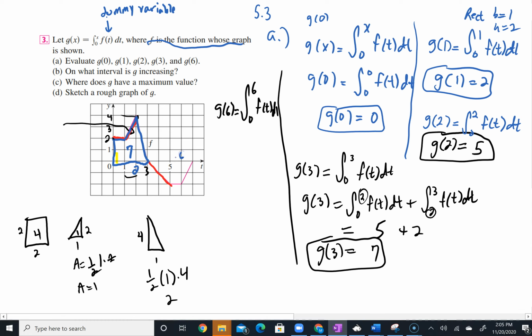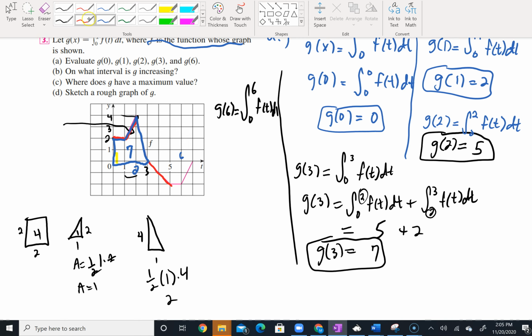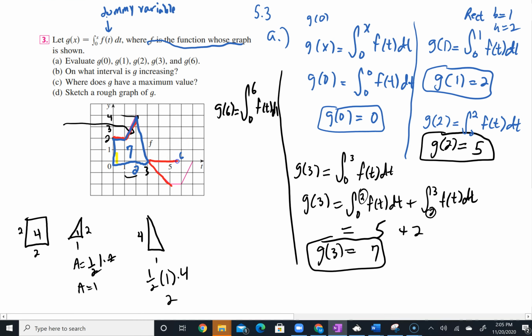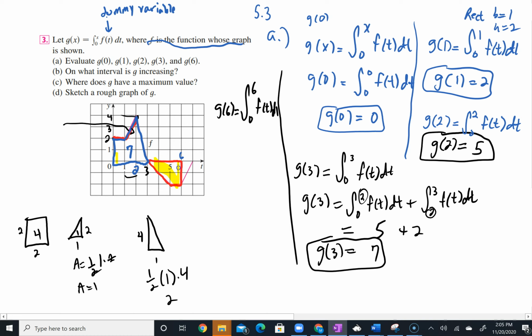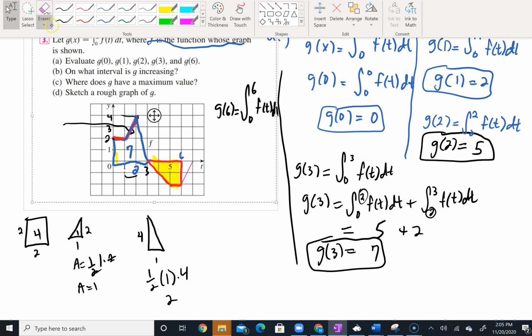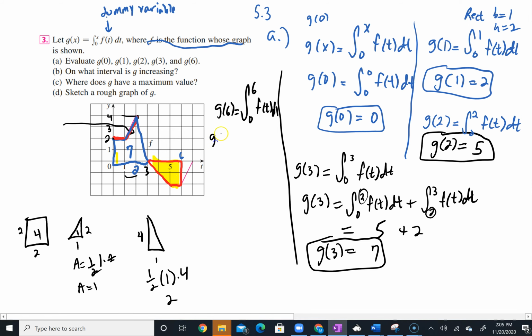Now 6 is up here, and dare I say, I'm going to highlight this in red. You can see that this thing right here, and I'm going to highlight it, is a trapezoid. See, that's a trapezoid. So again, what I want you to see is really this G of 6 was the integral from 0 to 3.